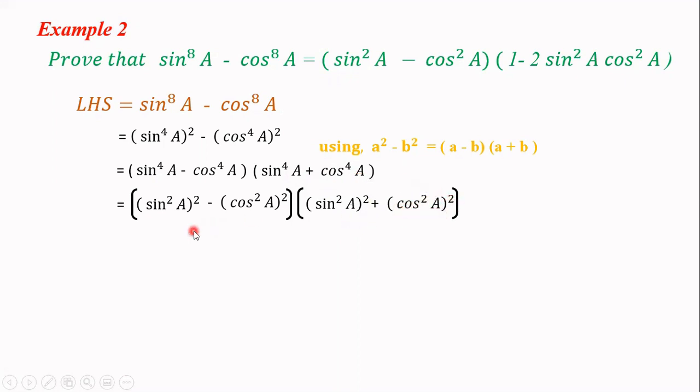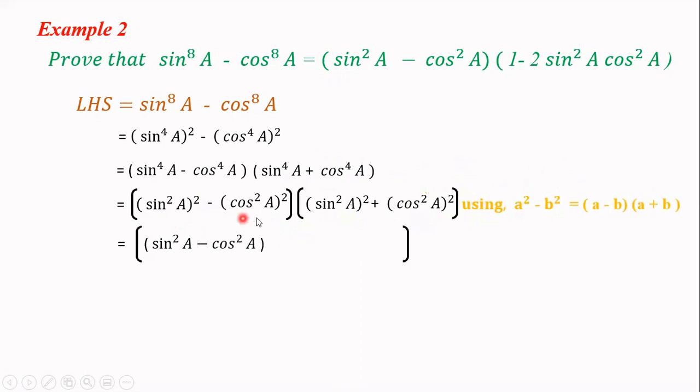Now the first bracket is again in the form of a square minus b square. So once again we will use the formula a square minus b square, which is a minus b, a plus b.